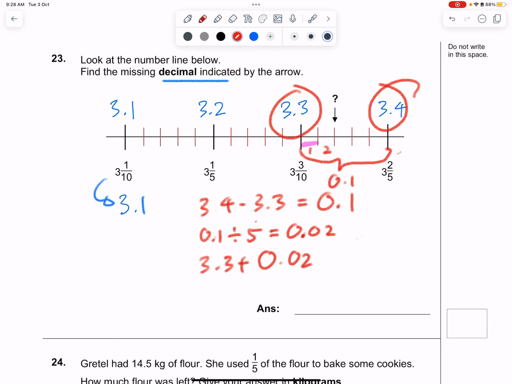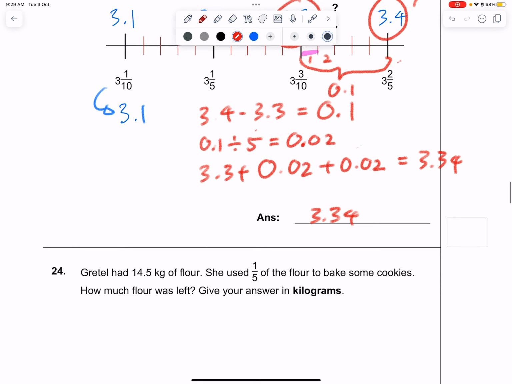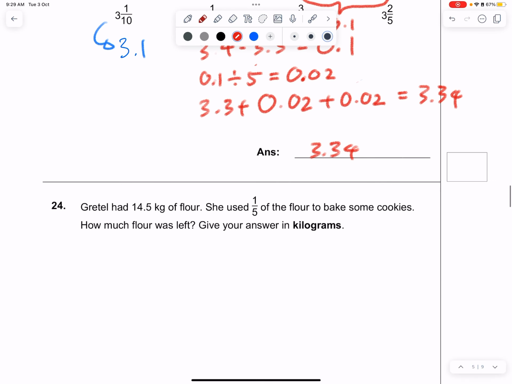Then you have to add another 0.02 because this one belongs to the second interval. And then your total answer would be 3.34. Okay, that is how you do it. I suggest you all rewatch this video to see how to convert fractions to decimals.